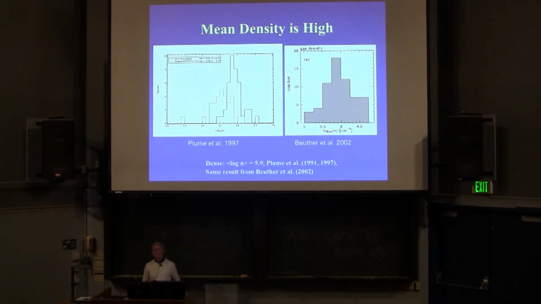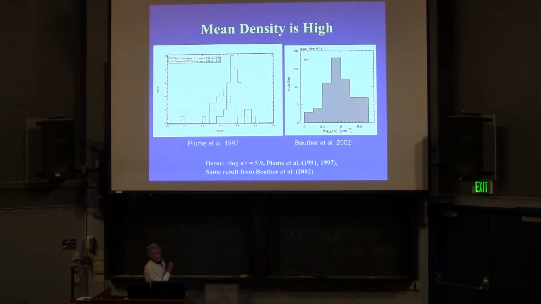If you study one of these regions in molecular lines or dust continuum radiation, you can get a mass, and you divide by the size or the volume, and you get a mean density, or you use excitation analysis of molecules. This particular plot uses excitation analysis of molecules, and I don't know if you can see, but the mean of the log of the volume density is close to 6.